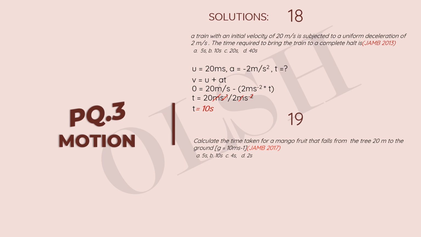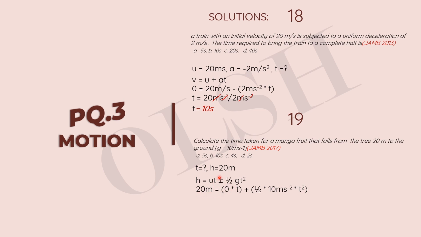Calculate the time taken for a mango fruit that falls from the tree 20 meters to the ground. So we have our h to be 20 meters, we have gravity to be 10 meters per second squared, and we're asked to find time. So we use the formula h equal to ut plus or minus half gt squared. Bring in the variables, so we're having 20 meters equal to 0 times t.